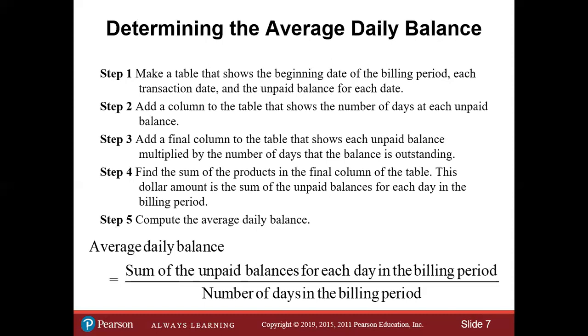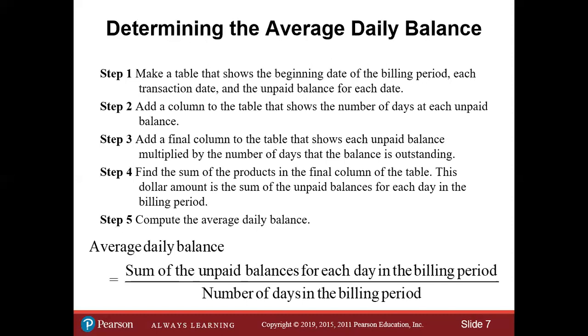Step 2, add a column to the table that shows the number of days at each unpaid balance. If you're going to find the sum of the unpaid balances, then you need to know, if I made a charge at the beginning of that $50 and it remained at $50 for the first 5 days, then I'm going to have to add up the 50 5 times.